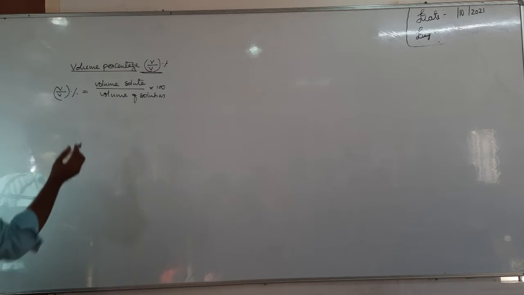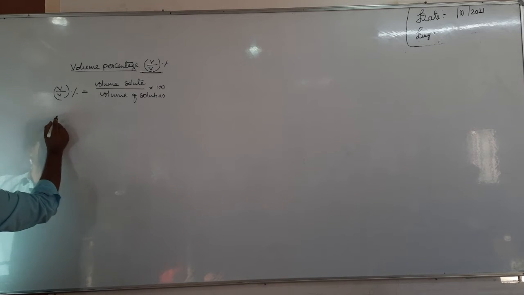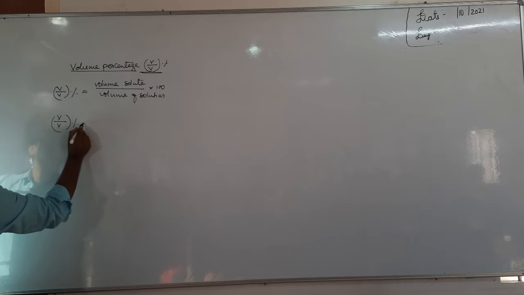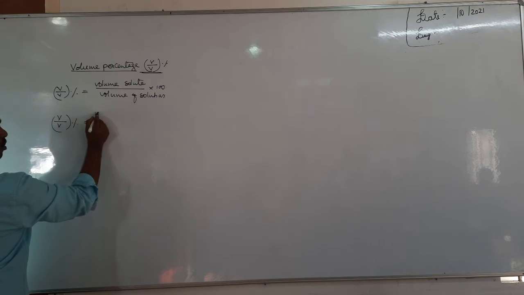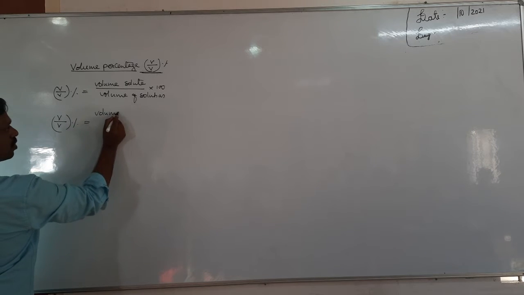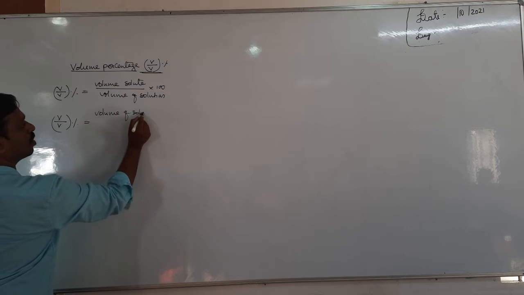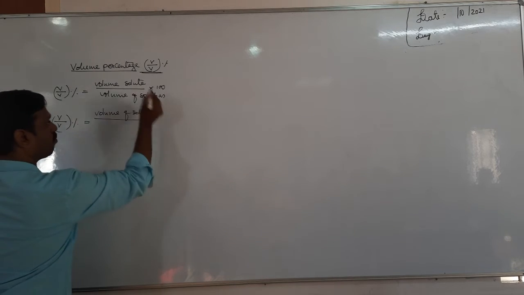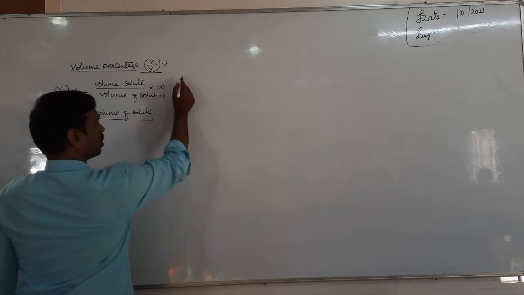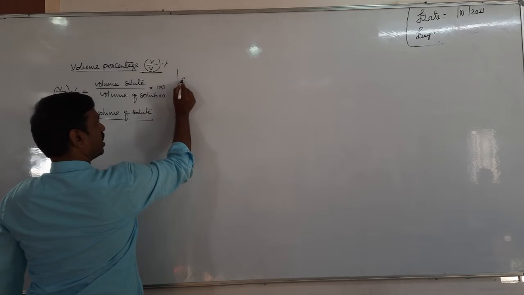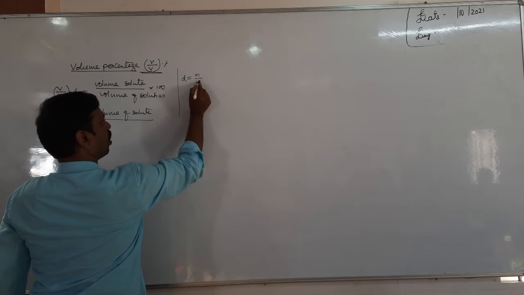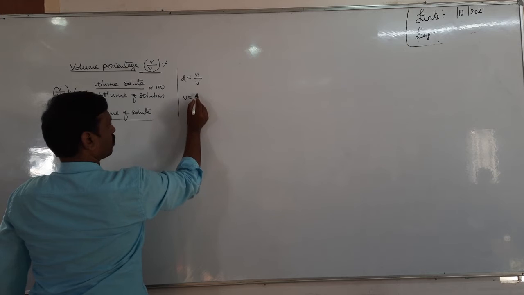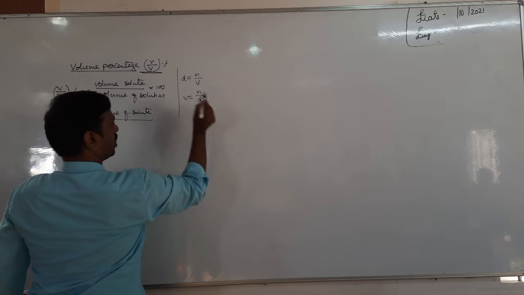So can we write volume percentage in terms of mass? Volume percentage is equal to volume of solute divided by volume of solution into 100. We know that density equals mass by volume, then volume equals mass by density.